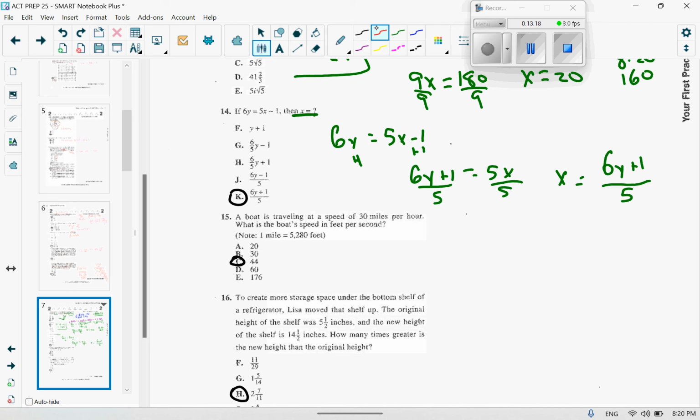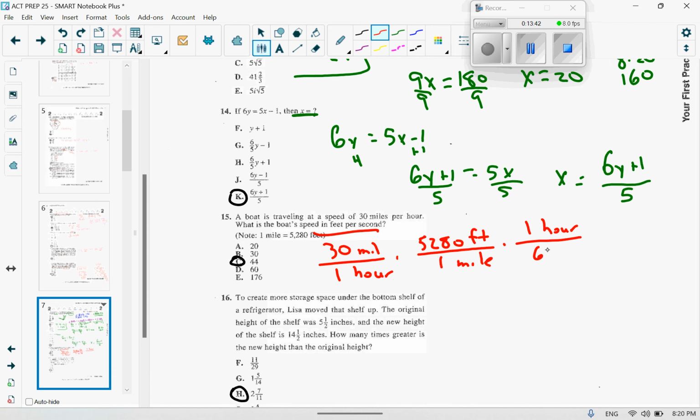A boat is traveling at a speed of 30 miles per hour. What's that in feet per second? So 30 miles per 1 hour. Well, I know that 5,280 feet are in 1 mile. I also know that in 1 hour, that is 60 minutes, and in 1 minute, that is 60 seconds.